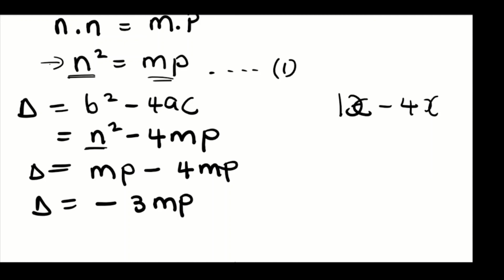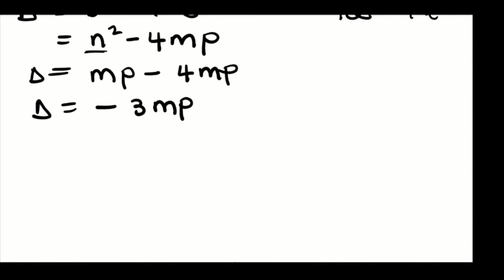So we have the discriminant of minus 3mp. And the fact that there's a negative sign tells us that this discriminant is negative, right? So it's less than 0. You can conclude and say minus 3mp is actually less than 0, making the discriminant less than 0.